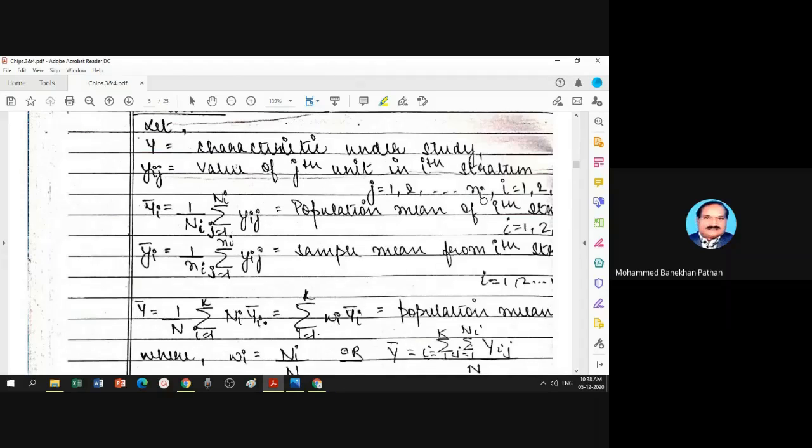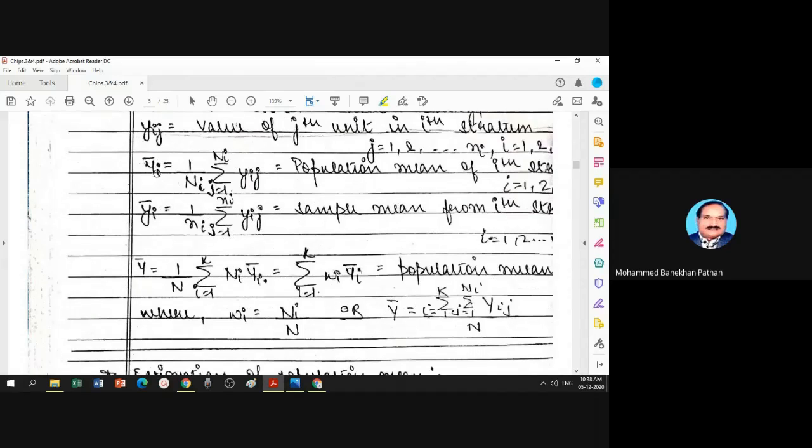Very small changes in the notation of population and sample. Y bar i dot, I forgot to write the dot here. It is 1 upon capital Ni, summation Yij, j from 1 to Ni. Now when I put a capital letter, that means I am speaking of the population mean of the ith stratum.